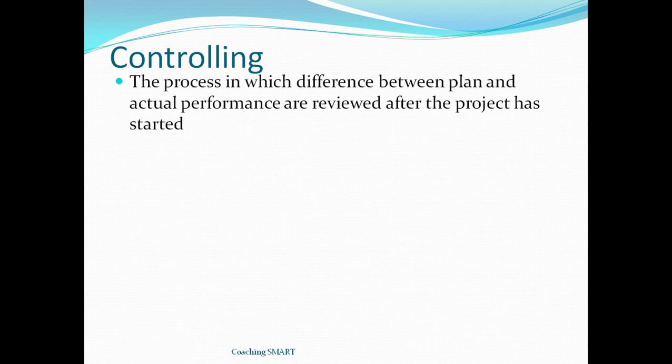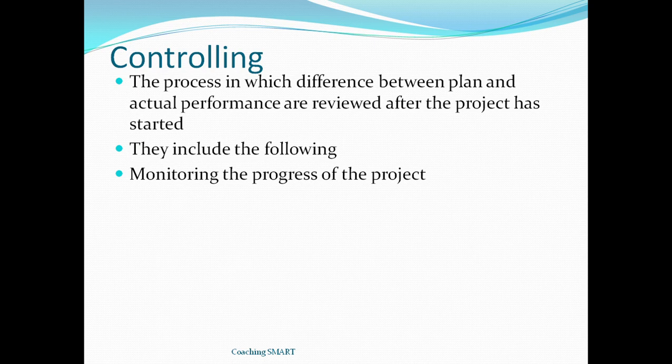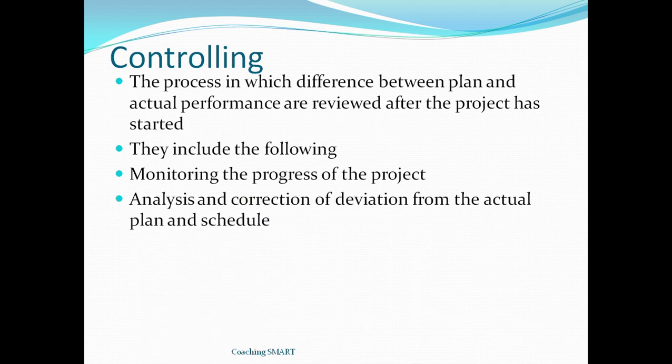Finally, controlling. The process in which differences between plan and actual performance are reviewed after the project has started. So when you talk about controlling, without controlling, we can't do any project. So they include the following. 1, monitoring the progress of the project. 2, analyzing and correction of deviation from the actual plan and schedule.